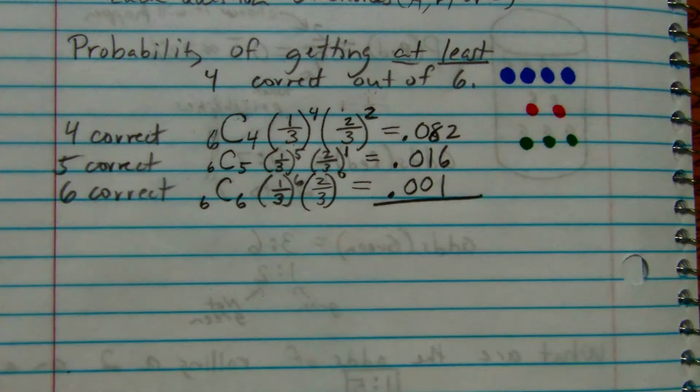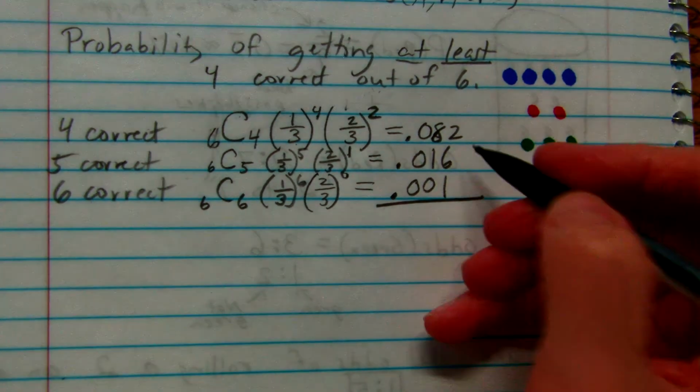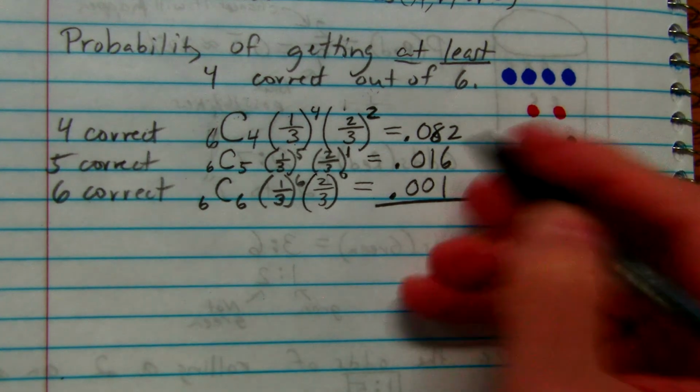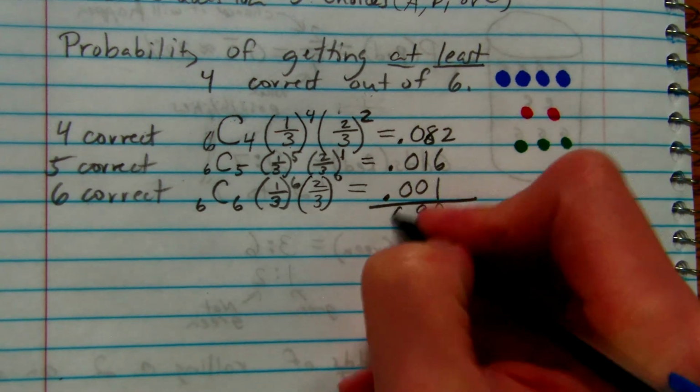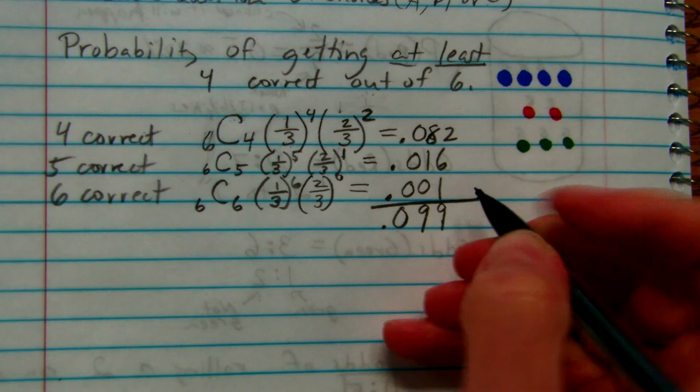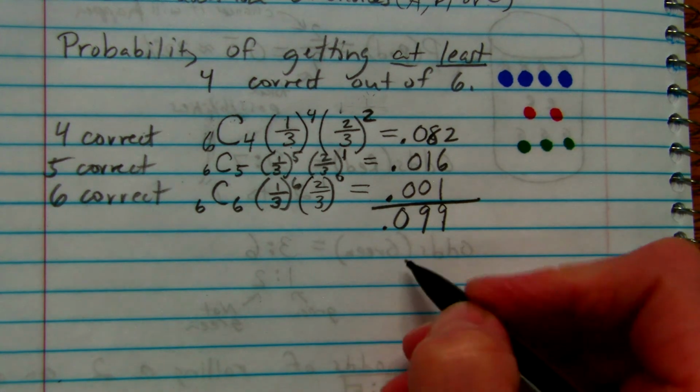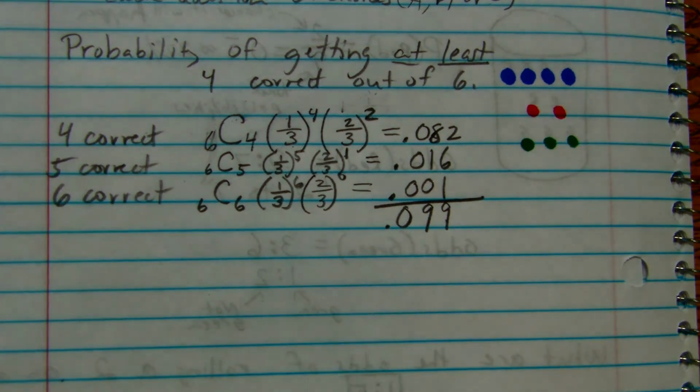So then for the probability of getting at least 4 out of 6, we add it up. So 0.082 plus 0.016 plus 0.001 gives 0.099 would be your chances.